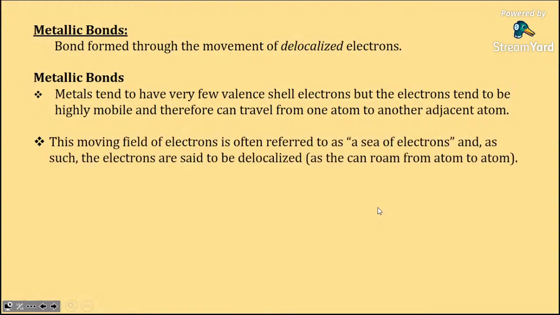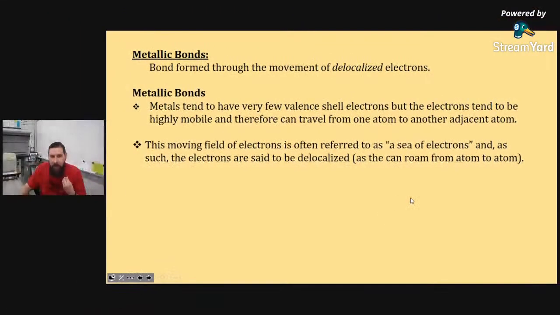That moving field of electrons, we refer to as the sea of electrons. And as such, we talk about the electrons as being delocalized. In other words, they can roam from atom to atom. So metallic bonding is all about delocalized electrons flowing between one atom of that metal and the next atom of that metal.